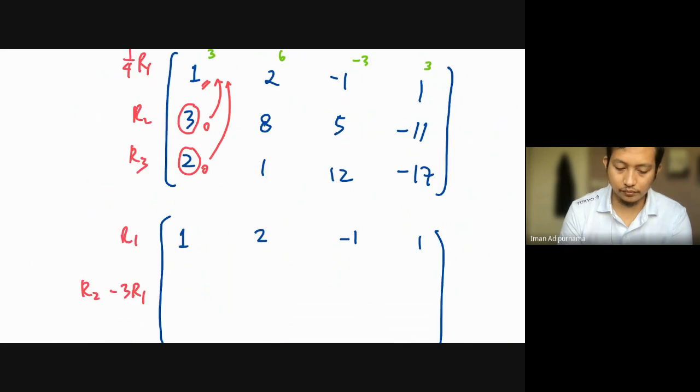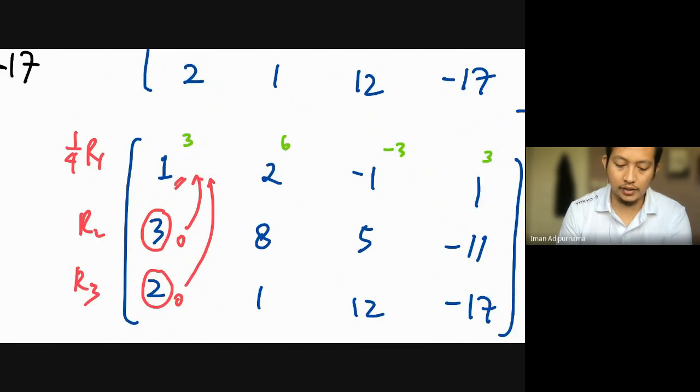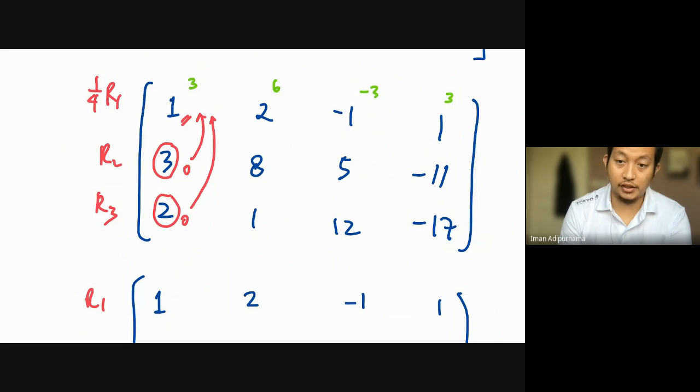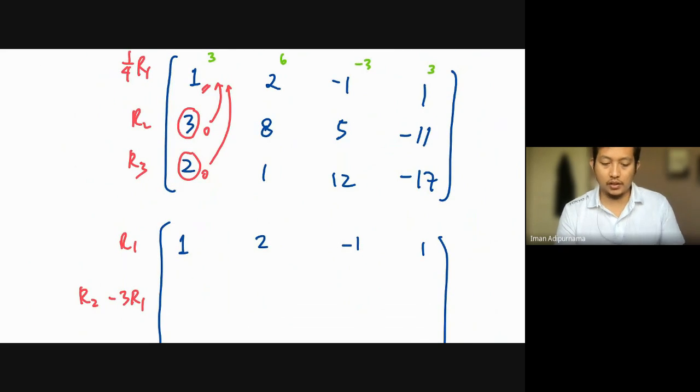Okay, this is just my calculation here, not really in the matrix. That's this green one. So R2 minus 3 R1: 3 minus 3 is 0, 8 minus 6 is 2, and 5 minus 3, so 5 plus 3 is 8, and negative 11, negative 3 is negative 14.